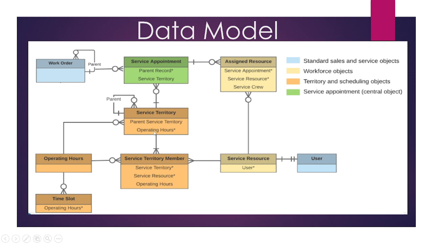Now we have a work, which is the work order. We have a person who is a service resource or service territory member, whatever you can say. We have a territory, so we know what location we need to provide the services. Now, to assign that particular resource to a particular work order, we need to schedule some appointments, right?